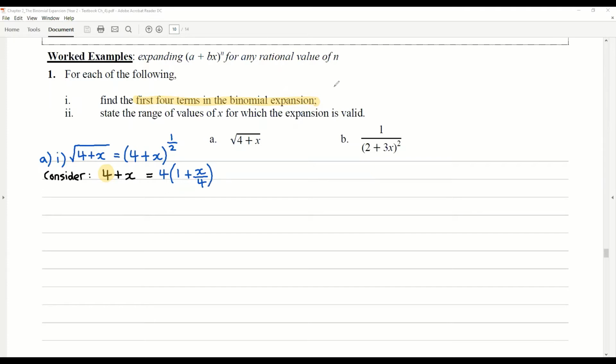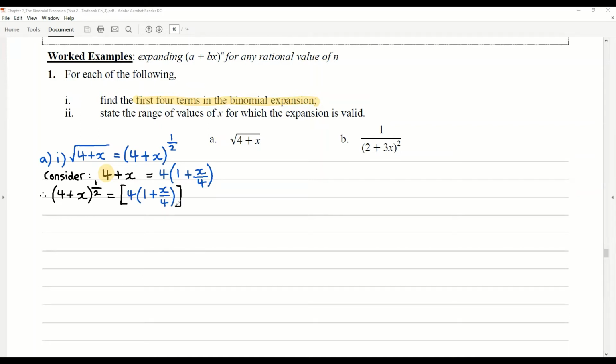Now we've done that, we can now move on to what would happen if we raise this to the power 1/2. So therefore, 4 plus x to the power 1/2 is simply, well, I say simply, it's not that simple. So I'll put everything we've just done inside these square brackets. So 1 plus x over 4. We'll close the big square bracket.